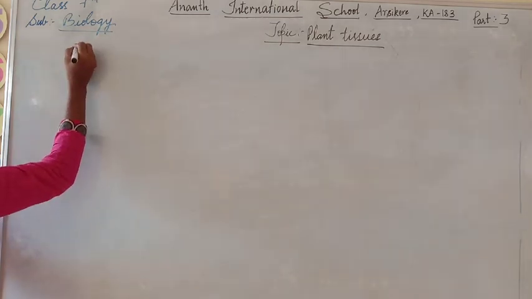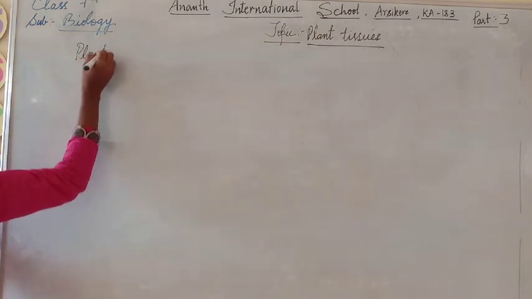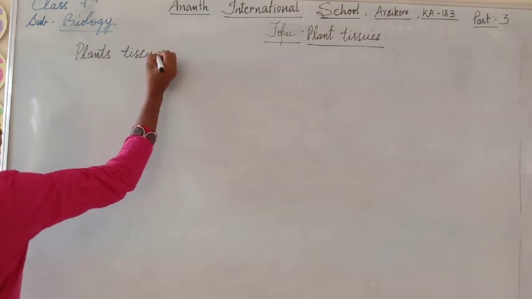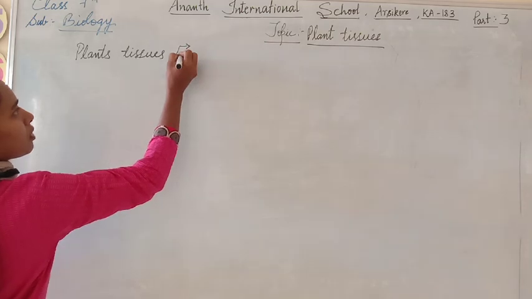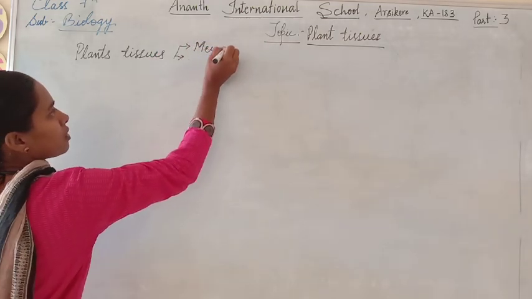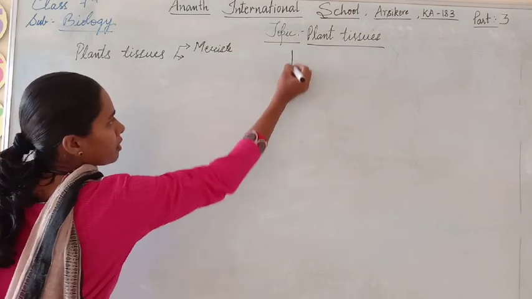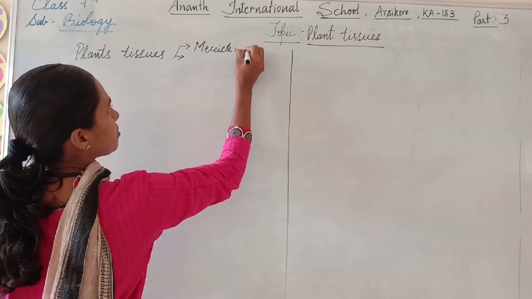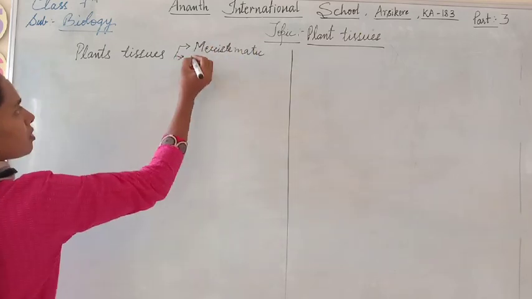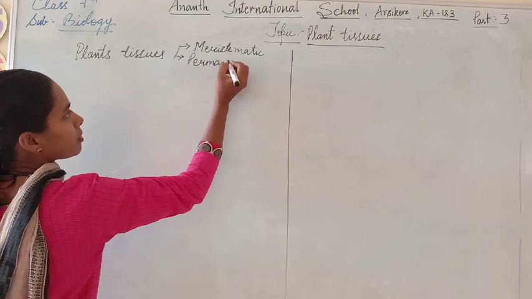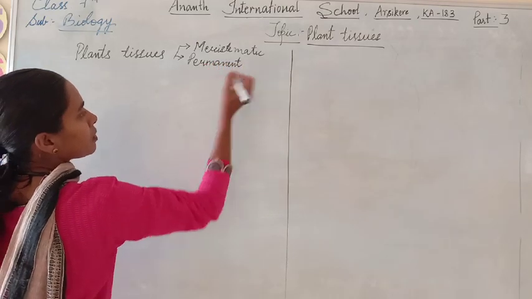So as we all know, in the plant tissue, two types are there. One is meristematic tissue and the second one is the permanent tissue.